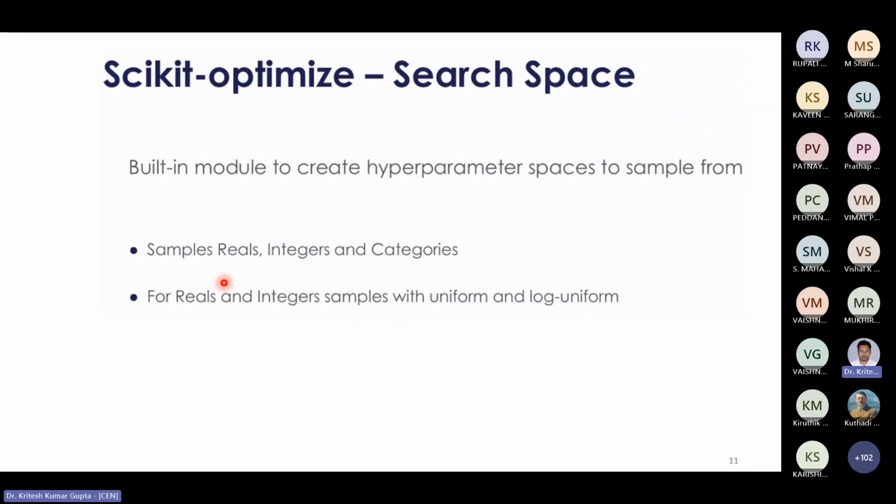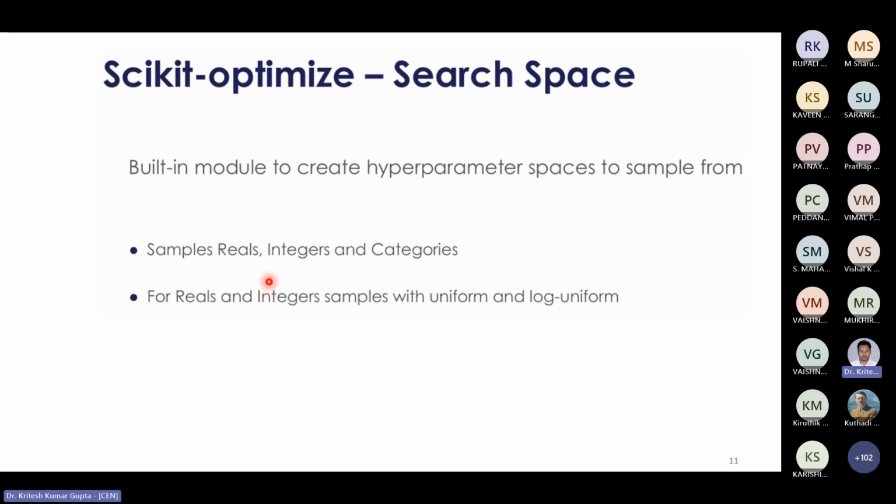So there are three different classes. As I told you, hyperparameters can be varied in a real number sense, in an integer sense, and in a categorical sense. If you talk about different kernels we want to explore, that will come into categories, right?